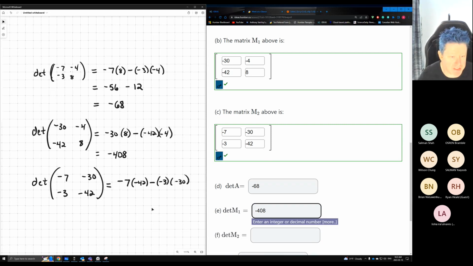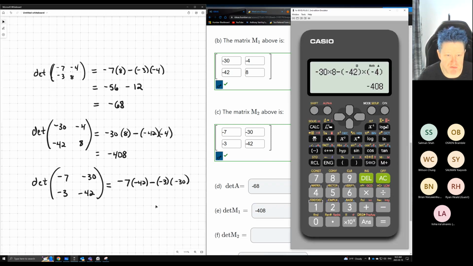And by the way, use your calculators if you have trouble with negative signs, because it does look very messy and it's very easy to make mistakes. -7 times -42 minus -3 times -30.